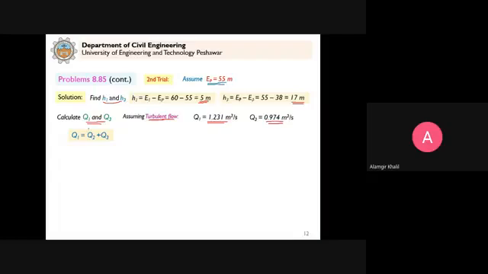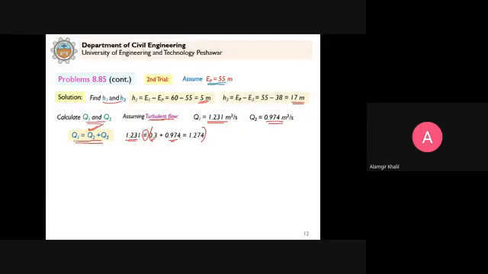Now Q2 is given. Clear? Q2 is given. So we can apply this continuity equation, and Q1 is 1.231, Q2 is given, and this Q3. So you can see that when we calculate Q2 plus Q3, again it is not equal.